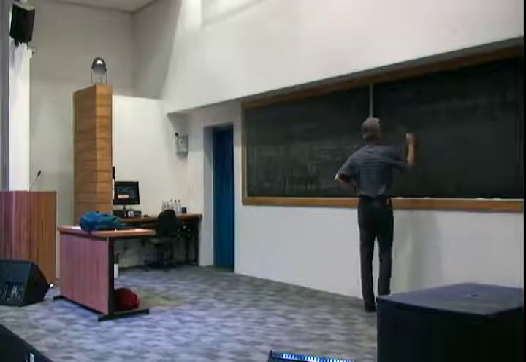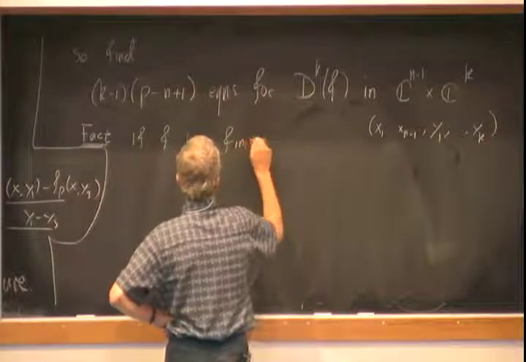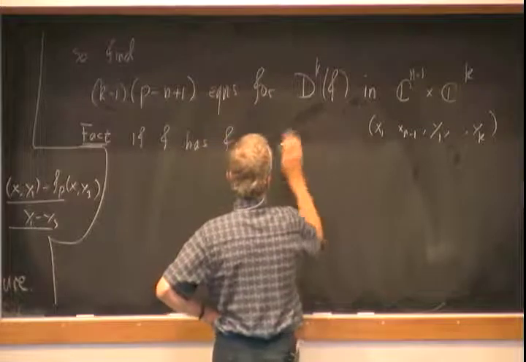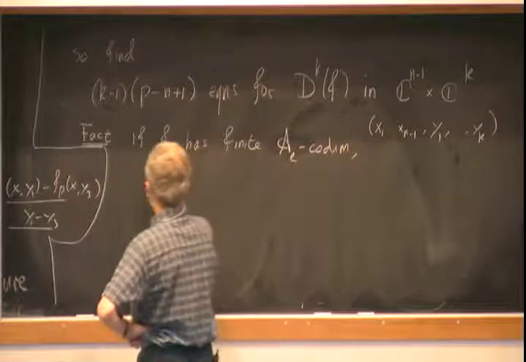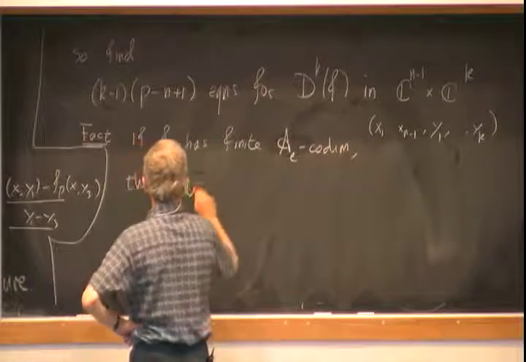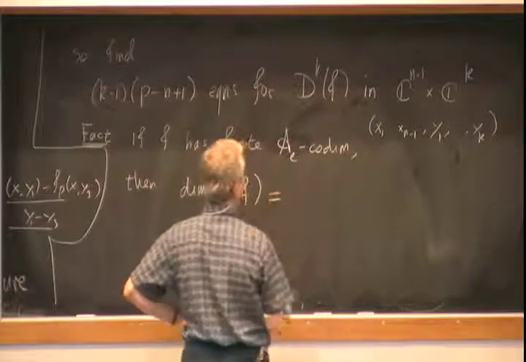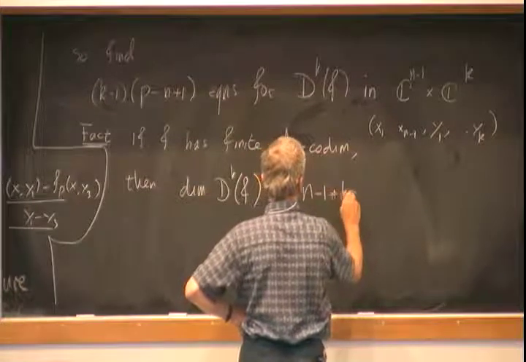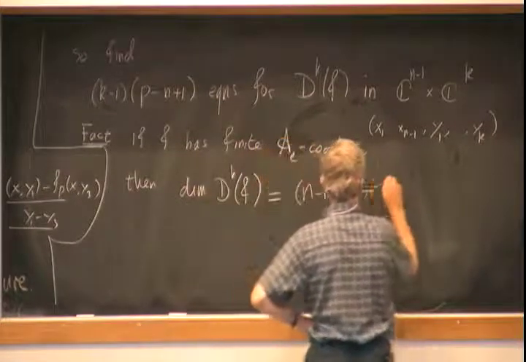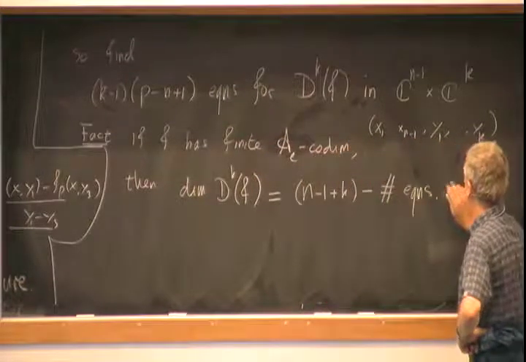And now, the fact is that if f has finite AE codimension, then the dimension of dk of f is equal to n minus 1 plus k minus the number of equations for dk.